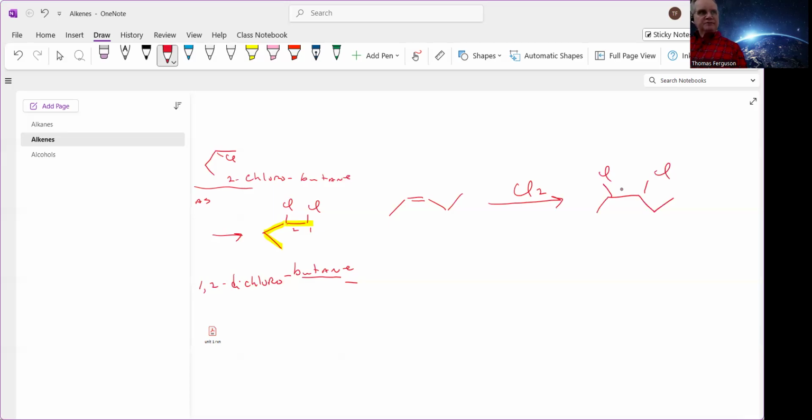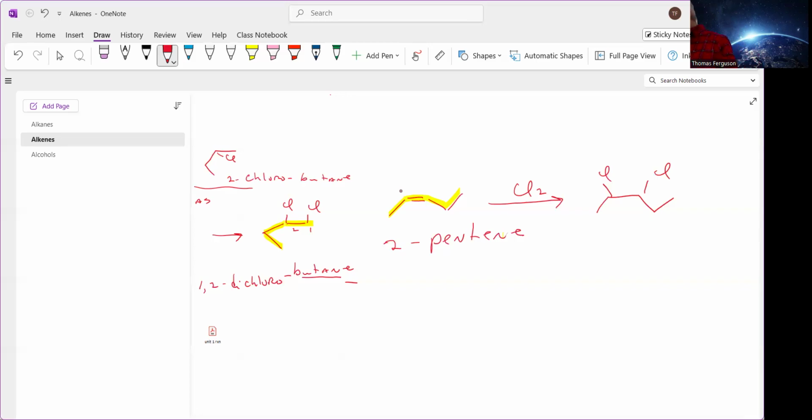Now, we've got a name, starting, name, ending. Starting is going to be 1, 2, 3, 4, 5. 5 carbon backbone. So we've got 2-pentene, no branching.